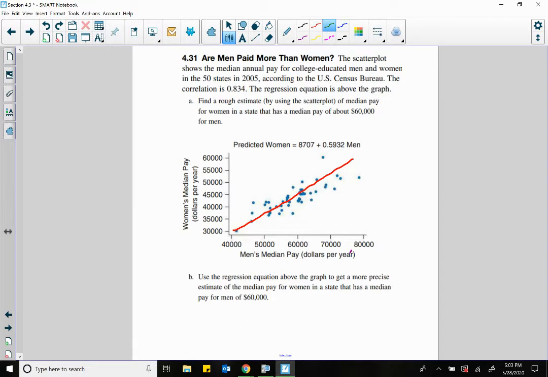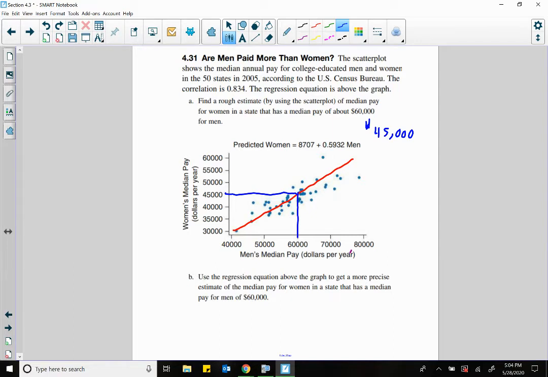So they're asking, what is the average woman's pay at 60,000 for men? If we go over a little bit, honestly, it looks like it's right there at 45,000. That would be the average median pay for women if men make $60,000.